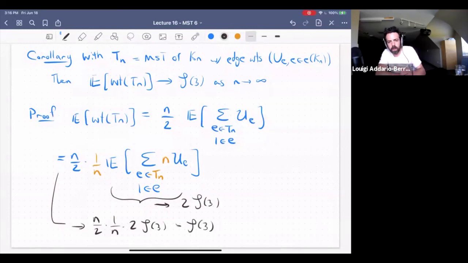So that is just a very soft argument, just double counting together with this general convergence result tells me about the expected total weight in the minimum spanning tree.